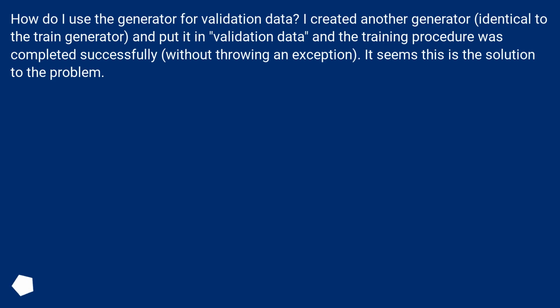How do I use the generator for validation data? I created another generator, identical to the train generator, and put it in validation data, and the training procedure completed successfully, without throwing an exception. It seems this is the solution to the problem.